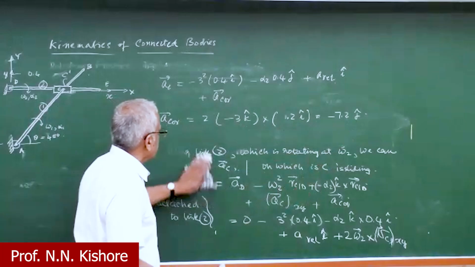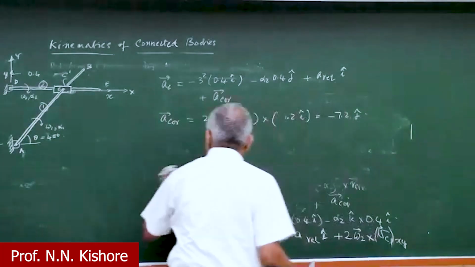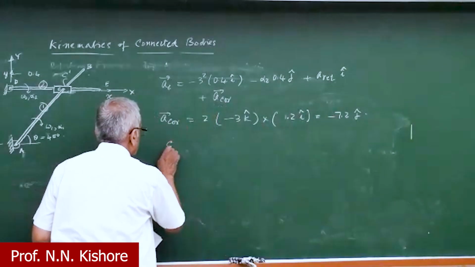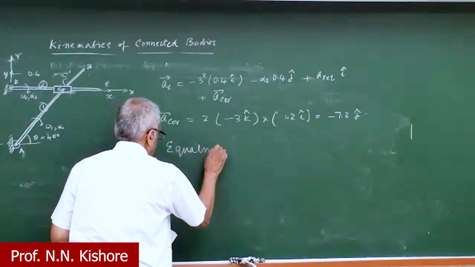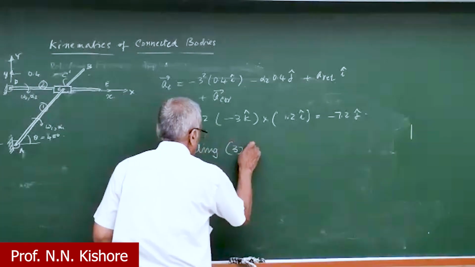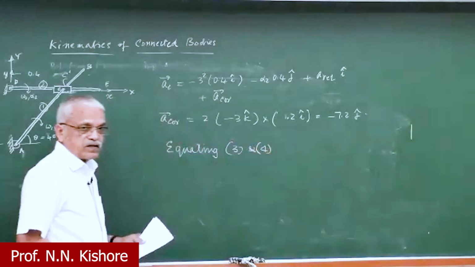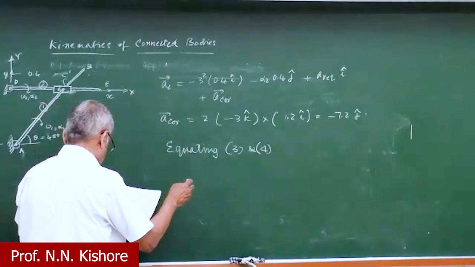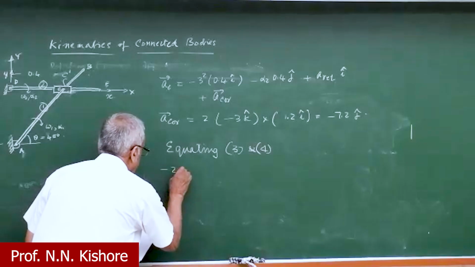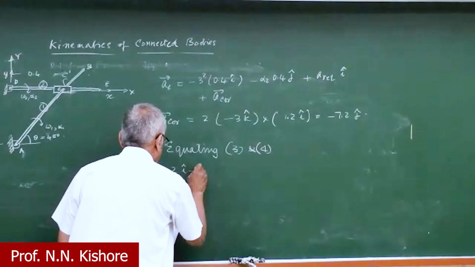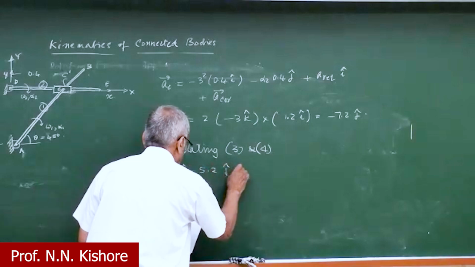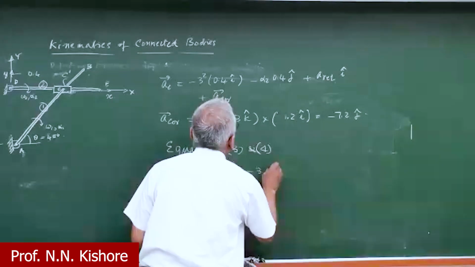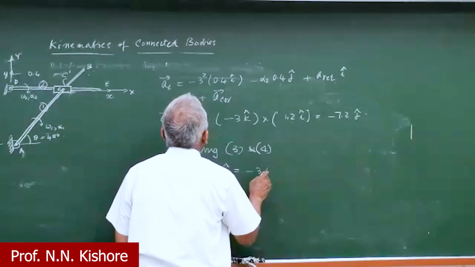So we have, so equating 3 and 4. So we can equate 3 and 4. Right? So that much you can do. If you want, so it's minus 2I minus 5.2J is equal to minus 3.6I, right?